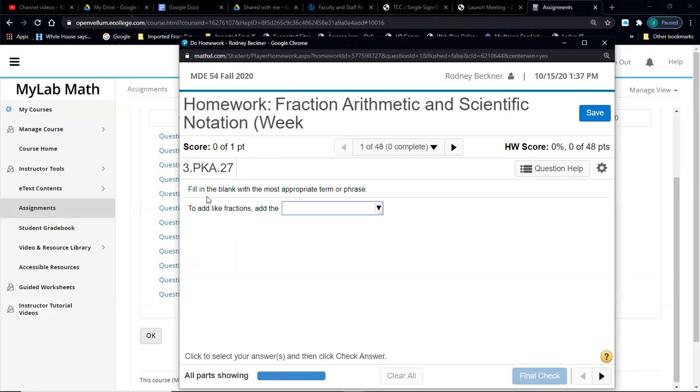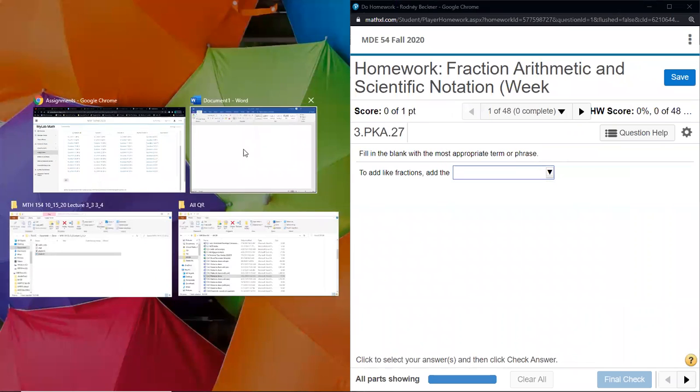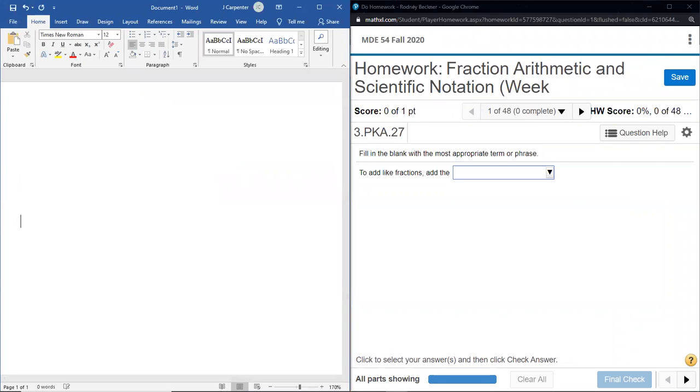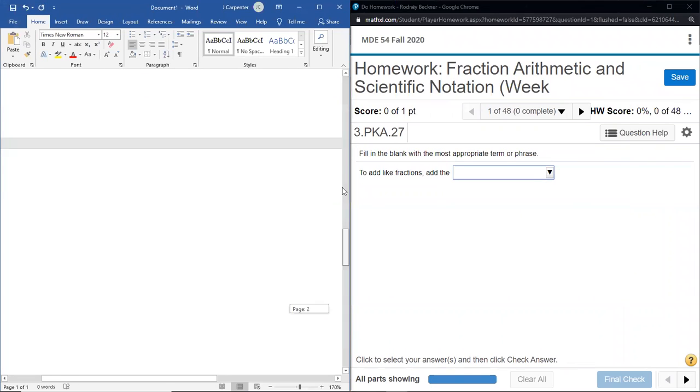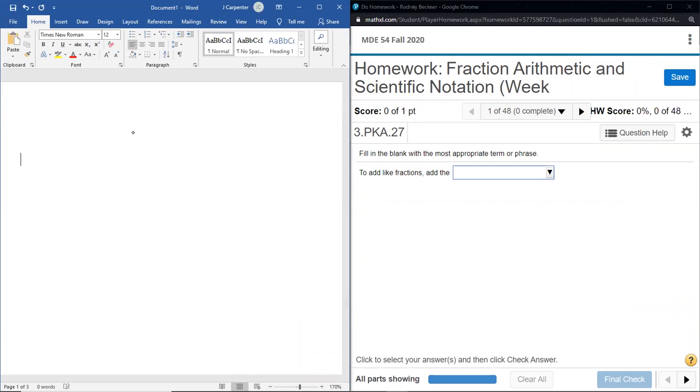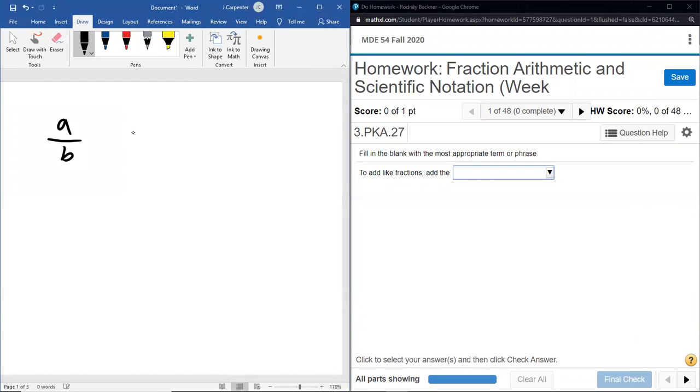All right, so to add like fractions, you add the numerators and denominators, or denominators. So hold on, let's get some space. Remember, for your fractions, the words are numerator is the top, denominator is the bottom. If you have some fraction a over b, the numerator is the top and the denominator is the bottom.